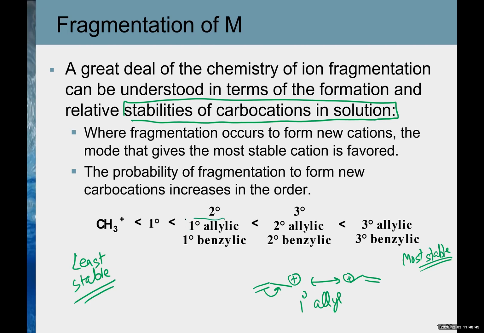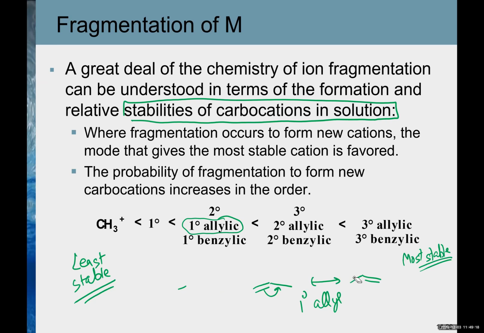So primary allyl is as stable as a secondary carbocation. So they are both the same. Although allyl is primary, because of the resonance, it is as stable as a normal secondary carbocation.